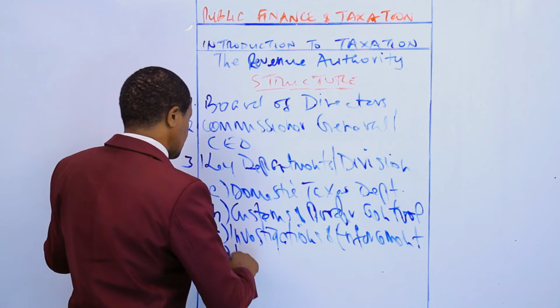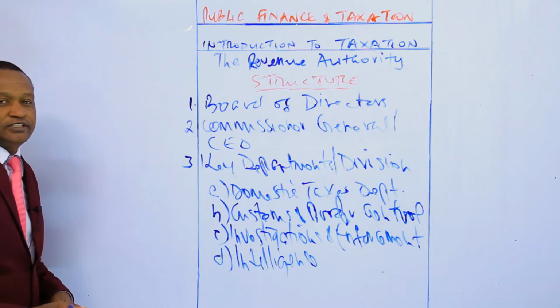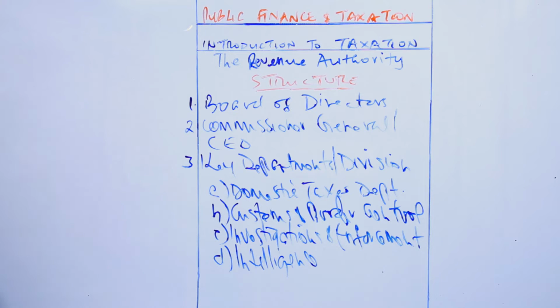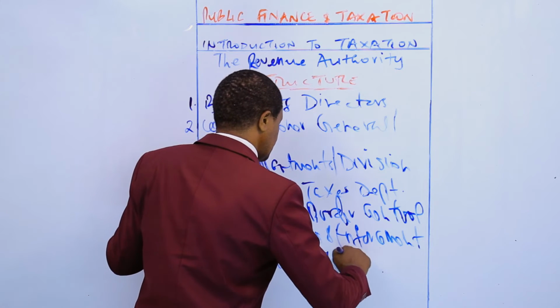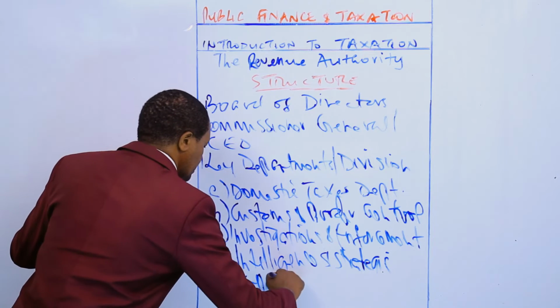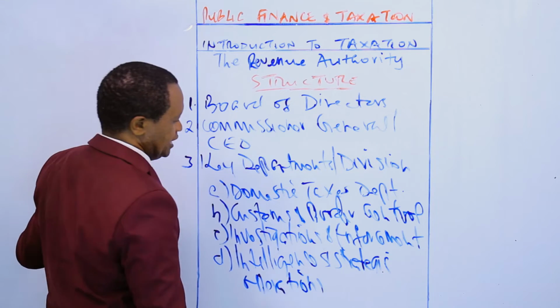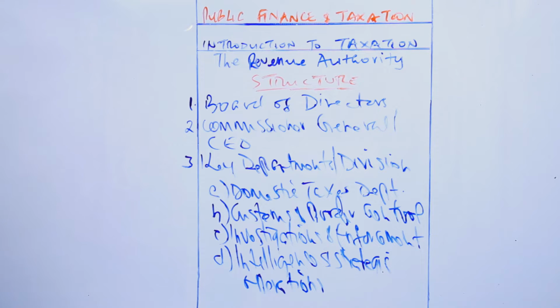Number 4, there is a department called Intelligence and Strategic Operations, which deals with intelligence gathering and strategic interventions to enhance compliance.